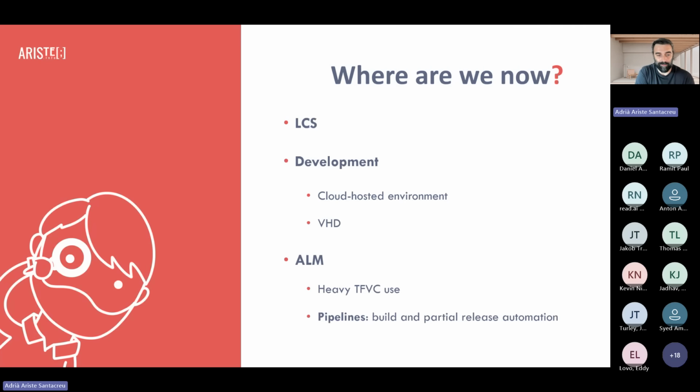So as many of you will know, if you want to promote changes to production, you first need to move them into a sandbox environment. And then once it's in the sandbox environment, which can be done using release pipelines, somebody needs to log into LCS and start clicking buttons to schedule the production deployment.